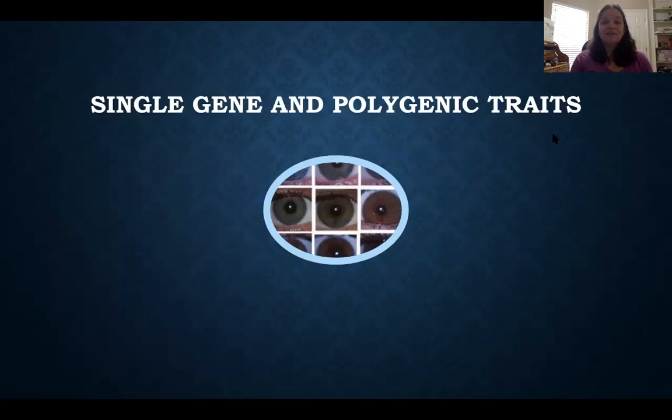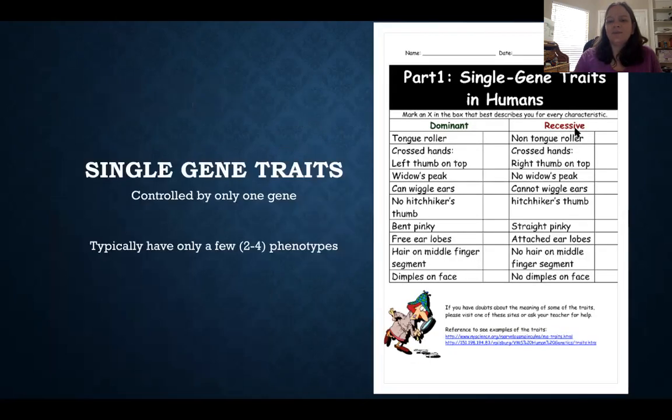Okay, the last topic that we're covering today is single gene and polygenic traits, what that looks like and how we can tell the difference between them. If it's a single gene trait, that means there's one gene that controls the trait. So they typically have just a few phenotypes.